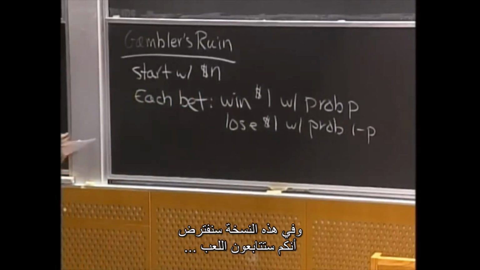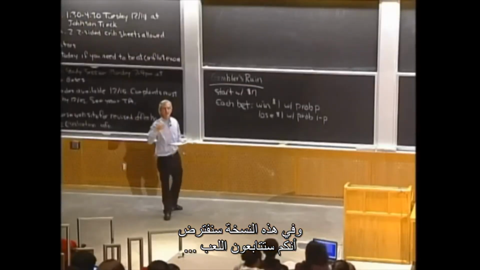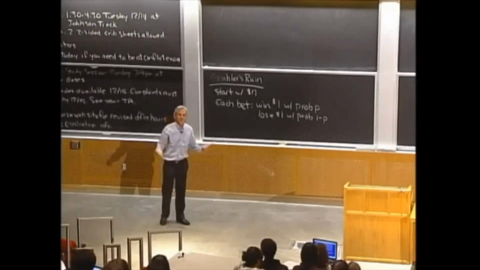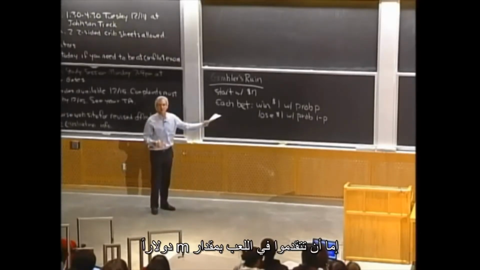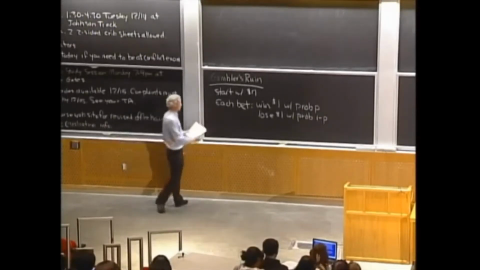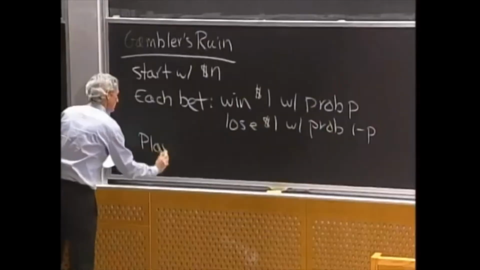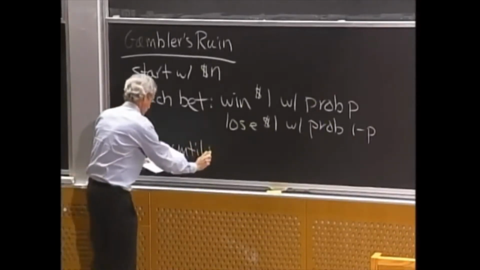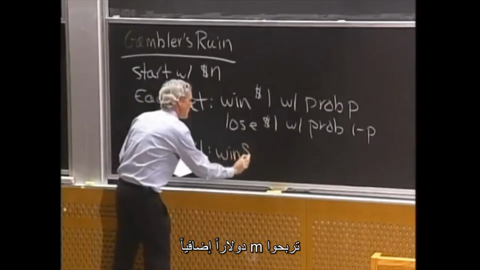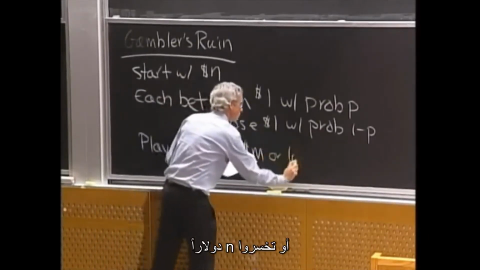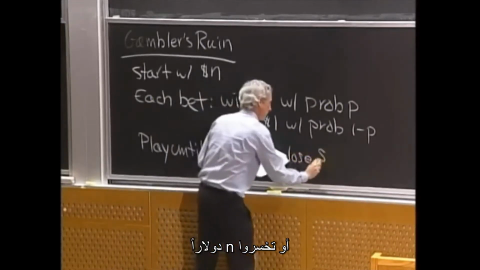And in this version, we're going to assume you keep playing until one of two things happens. You get ahead by m dollars, or you lose all the money you came with, all n dollars. So you play until you win m more, net m plus, or you lose n.